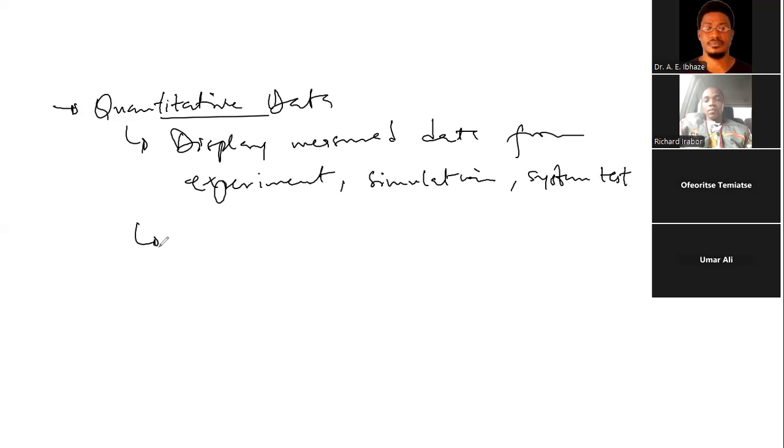And when you do this, that will still not make sense to us until you are able to provide an interpretation to that. One way you could do that is to use statistical summaries.